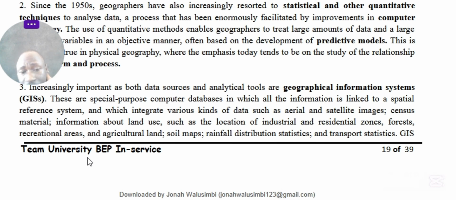Here you may be asked to zone out residential areas or forests. It depends on what you may be asked. You may be told to look for soil maps, or to determine which areas receive rainfall, or to find out the water pumps that may exist in a particular area.